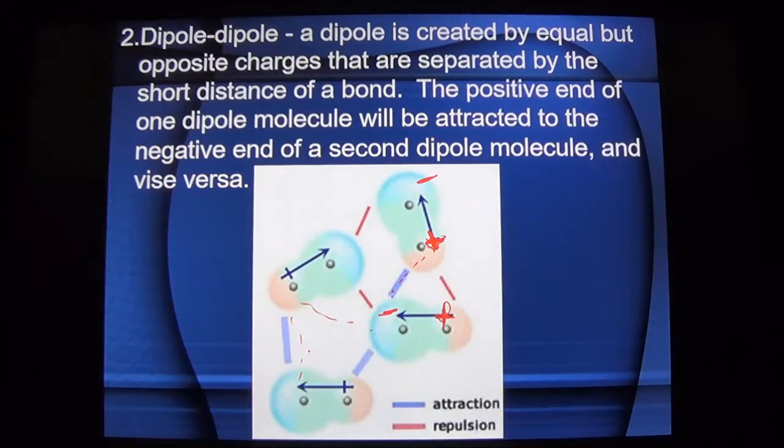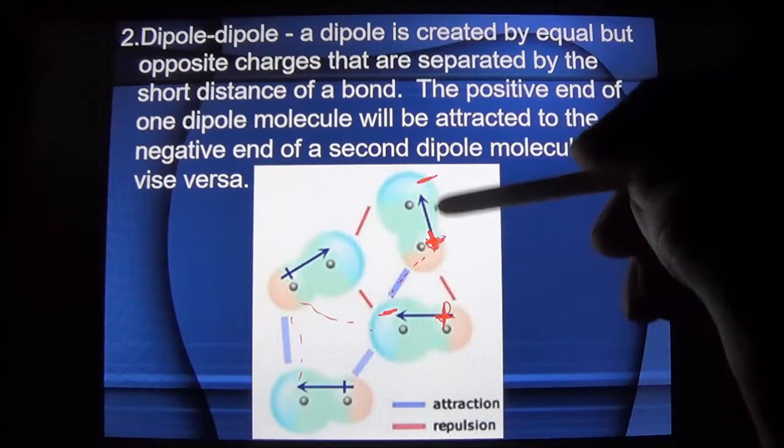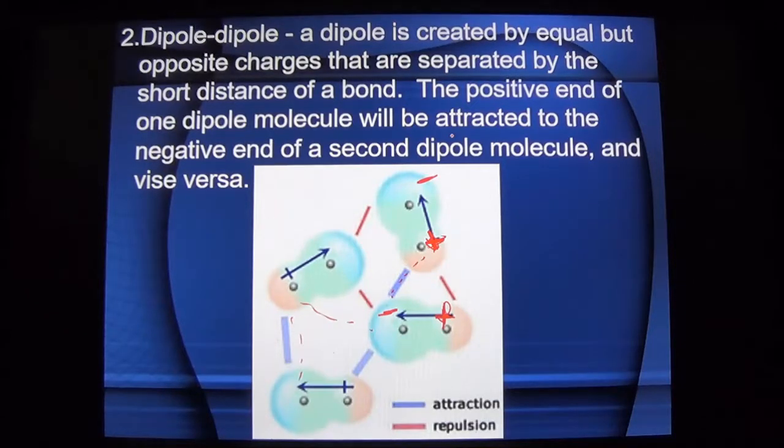That is dipole-dipole bonding. The idea is that we need a polar molecule, and it happens between 2 of them. That's why we call it dipole-dipole. A polar molecule is a dipole, has 2 poles. Okay, and so 2 molecules that have poles, dipole-dipole, is dipole bonding.